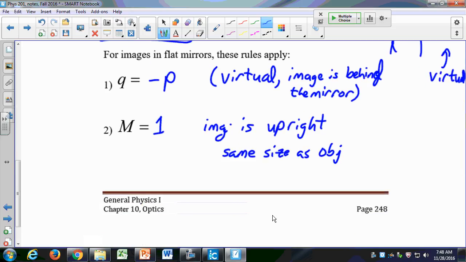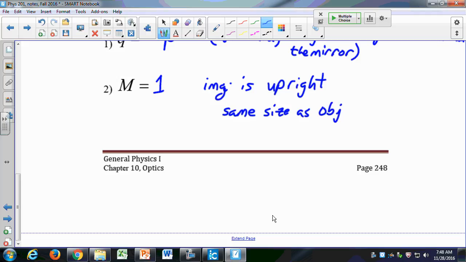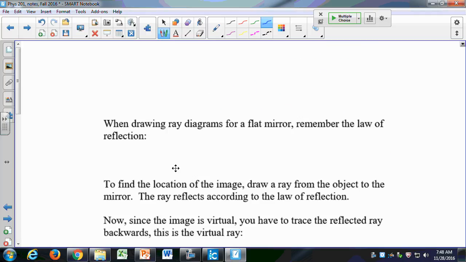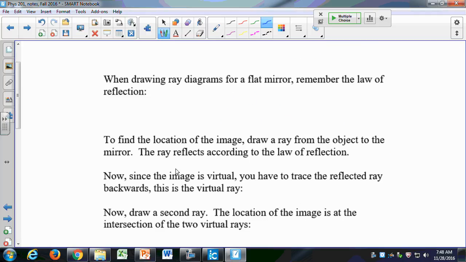All right, so not really much so far, but let's look right now at ray diagrams. So when drawing your ray diagrams for a flat mirror, we need to use something called the law of refraction, or excuse me, the law of reflection. And the law of reflection just says that the incident angle is equal to the reflected angle.